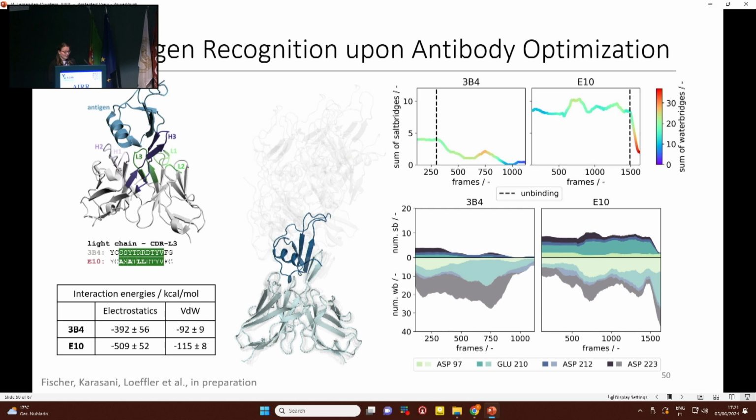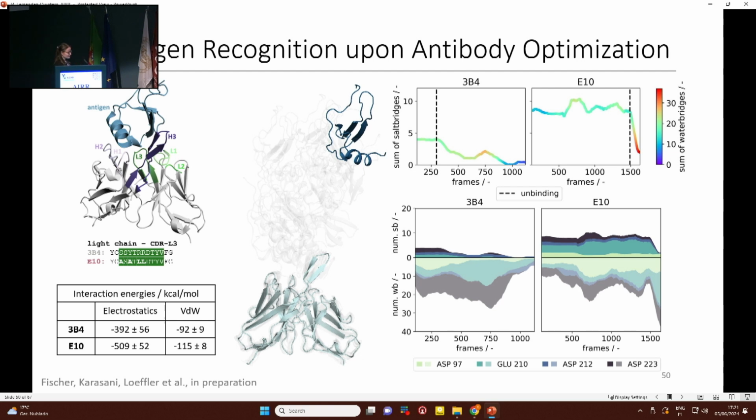And so what we were looking at is, by unbinding the antigen from the antibody, what do we see? Do we see differences between a parental and a matured antibody? And in this case, the parental is the 3b4 antibody, and the matured one is the E10 antibody. And what you can see when looking at the time evolution is that the parental antibody has way short-lived salt bridges, while the matured one has super long-lived salt bridges.